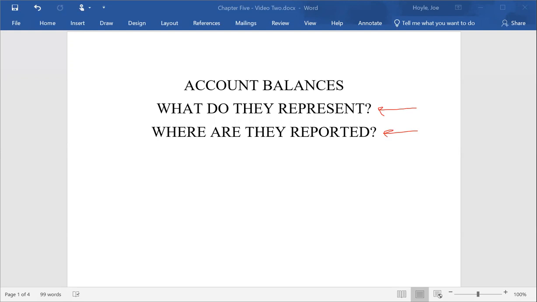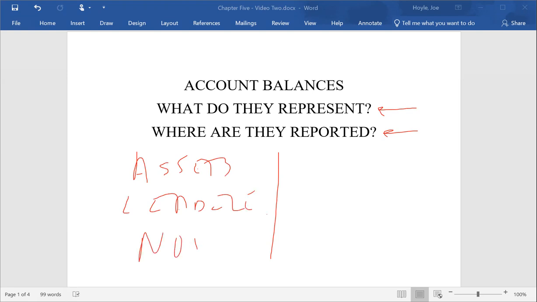Before we move on, I want to remind you of one thing I have said in other videos, and that is you can really split all accounts into two types: assets and liabilities are talking about balances right now.